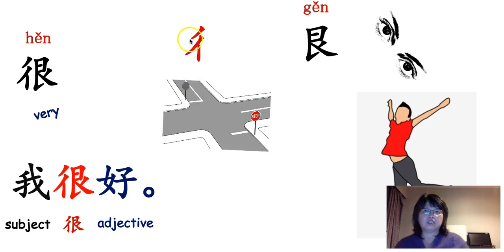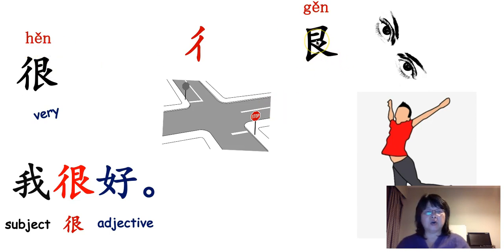The two slashes are like the two sides of the road, and this is another road. So the person is standing at the crossroad, and on the right, we take the pronunciation. We take the vowel 艮, so we use the vowel 很.